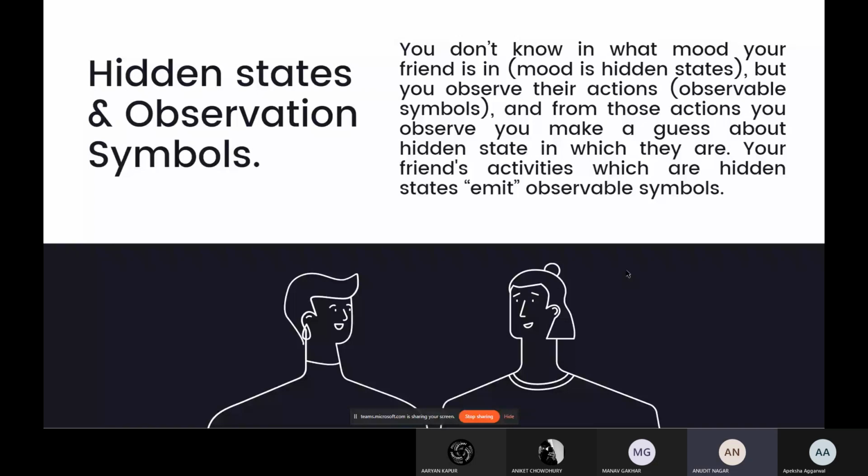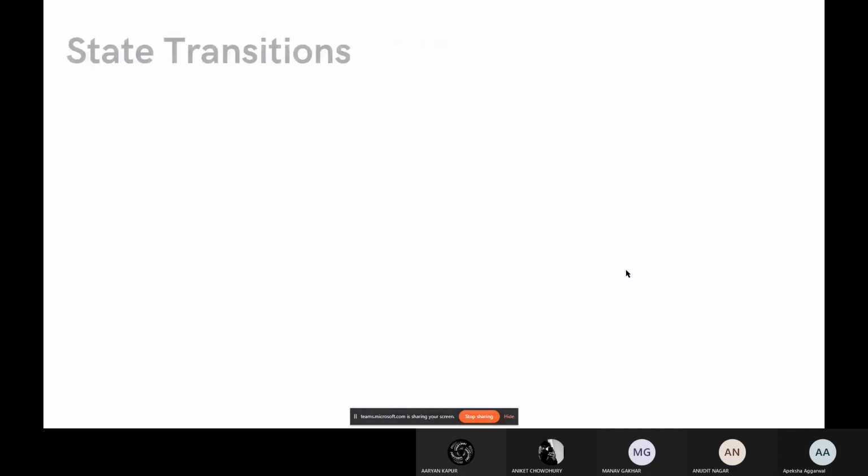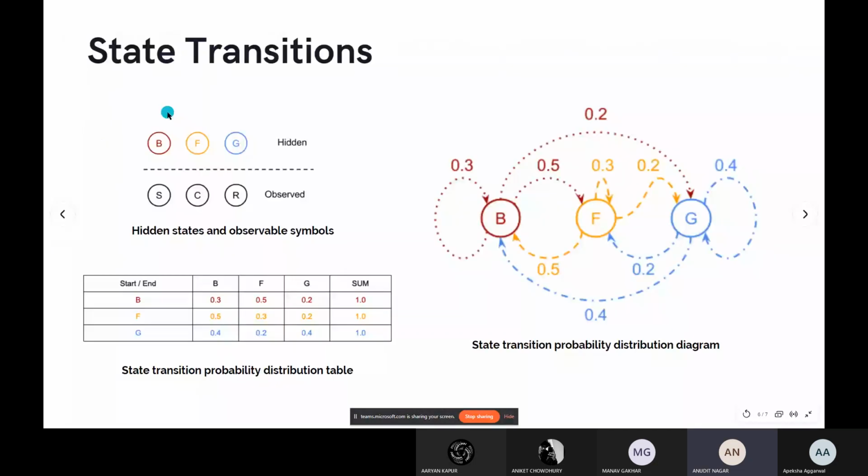State transitions. Let's take an example. Let's say we have three hidden states, B, F, G, and three observed states, S, C, R. Now that we know our hidden states and our observed states, we create something called a state transition table.